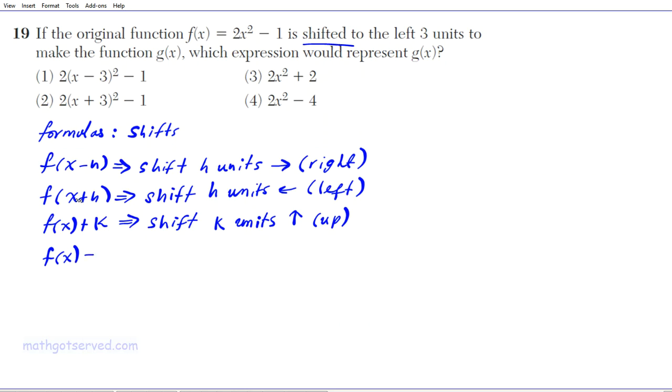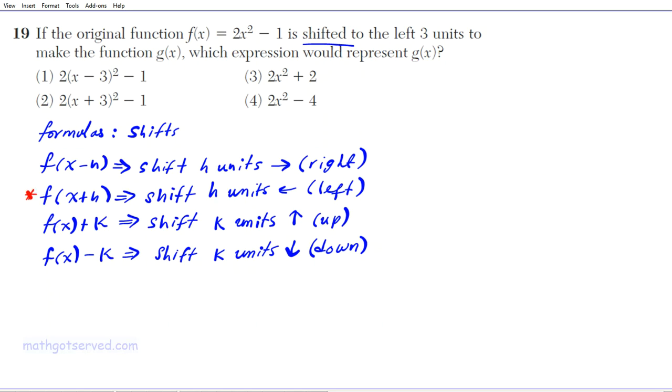But when it's composed with x, you do the opposite. So f of x minus k, this you might guess is a shift k units down. Okay, so in this problem we are shifting 3 units to the left, so we are going to be using this first formula right here. No, not the first one. To the left is the second one, so we're going to be using the second one.